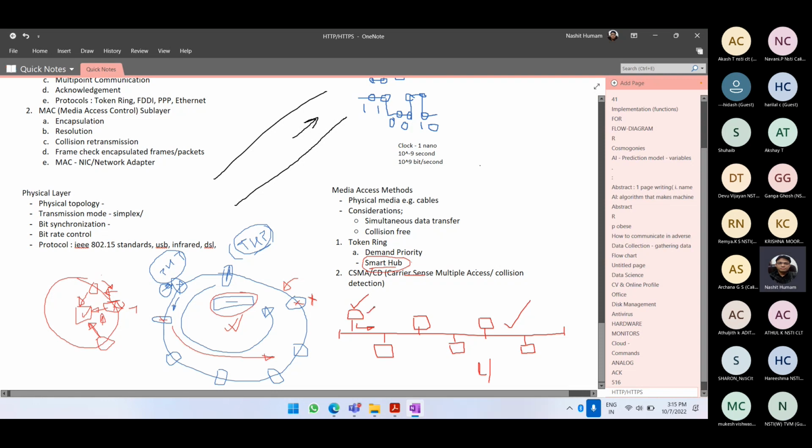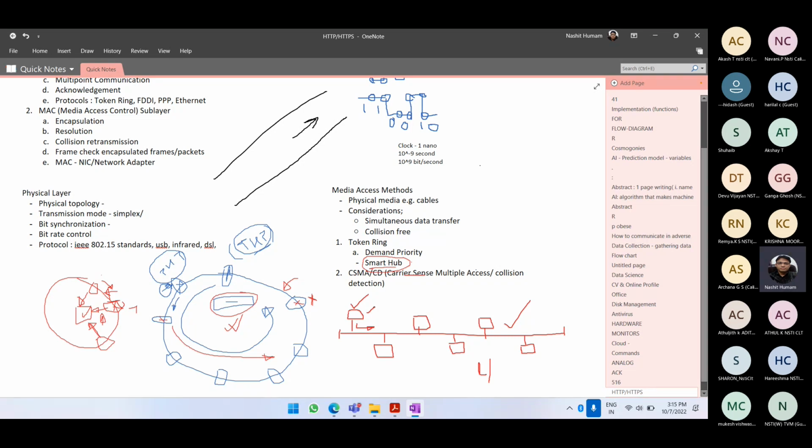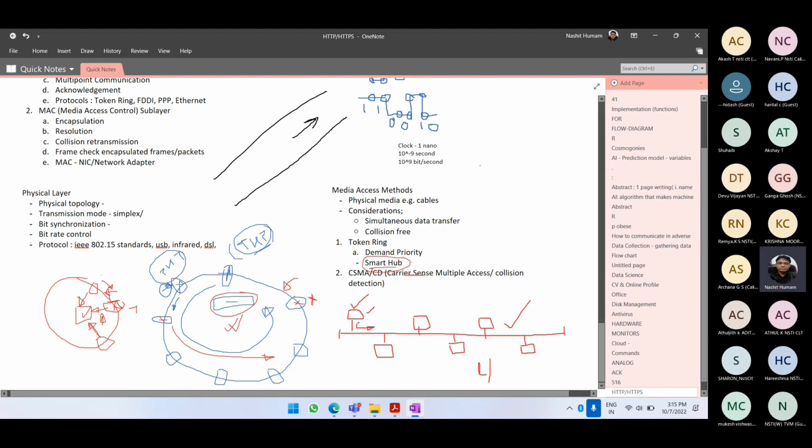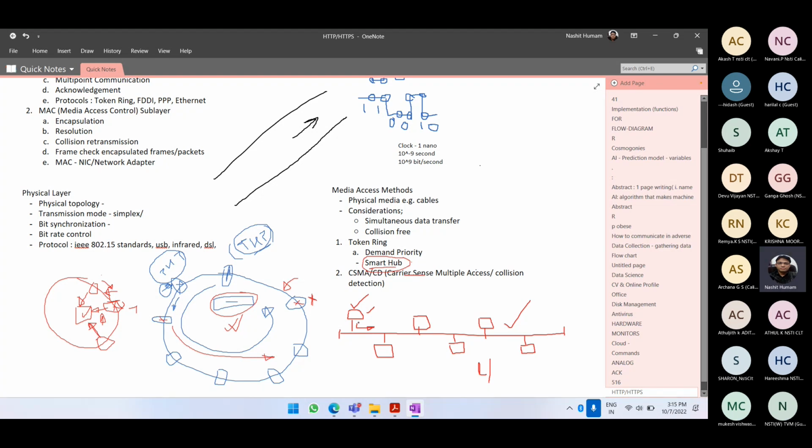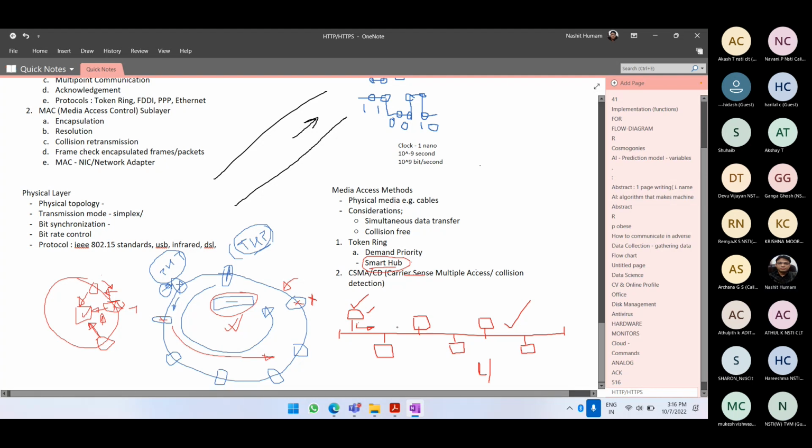In case I get a collision signal, I will wait before I transmit my data again. In case I find the carrier signal travels really well, I will start transmitting my data. I hope that is clear for everyone.